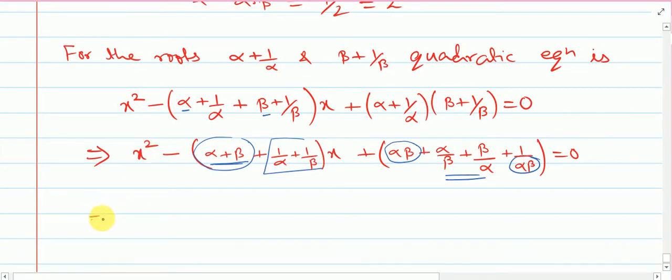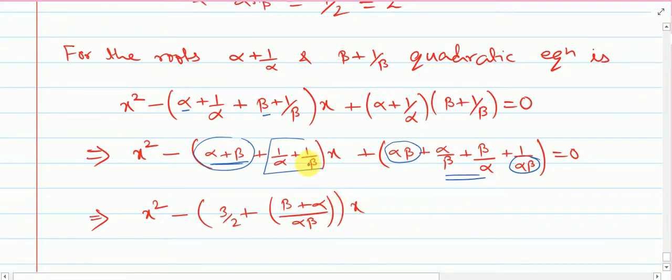So x square minus, now for alpha plus beta I can write the value 3 by 2, and here this 1 by alpha plus 1 by beta can become beta plus alpha upon alpha beta. Yes, so this beta is multiplying here, alpha is multiplying over here, and for the denominator alpha and beta, these two are multiplying and you are getting over here.